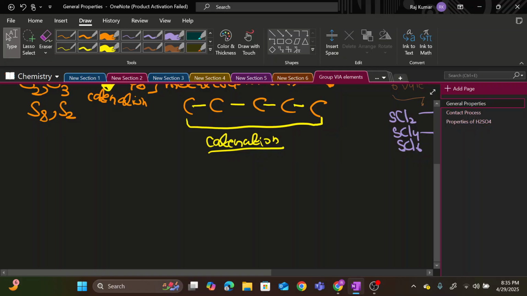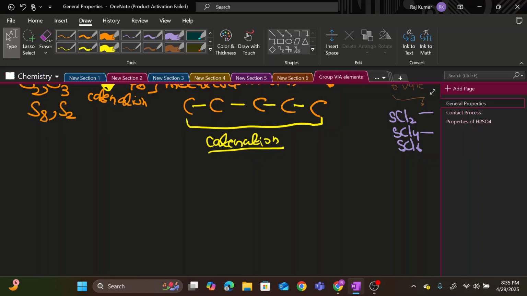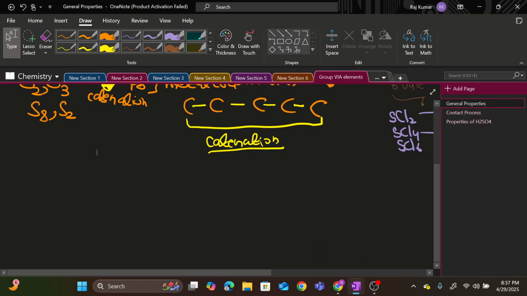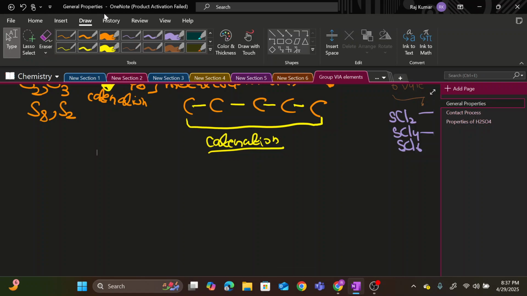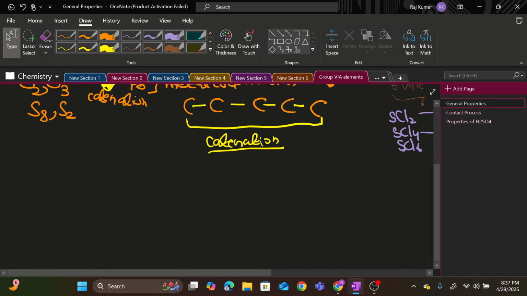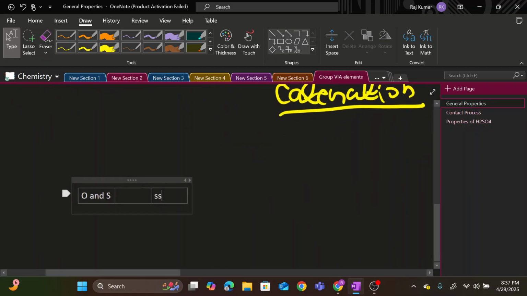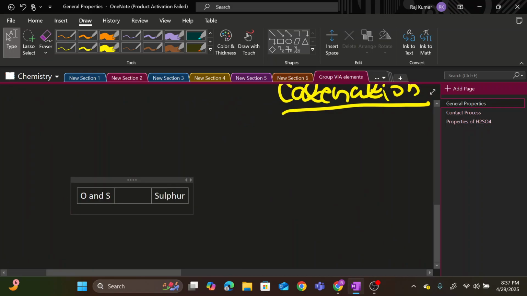So basically, we need to understand the differences between oxygen and sulfur.